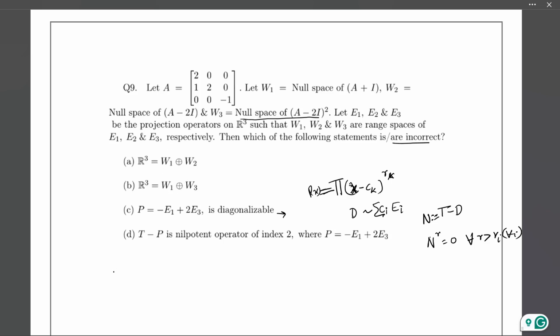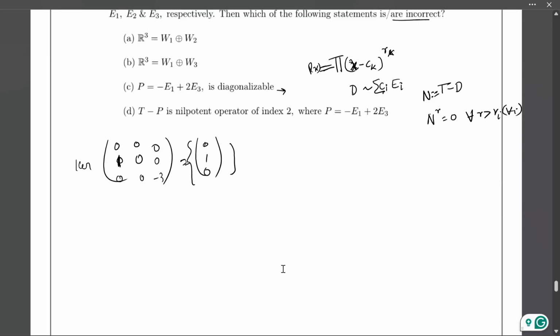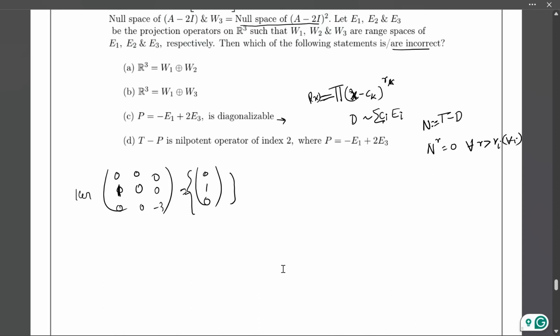What is A minus 2I? It is the matrix with rows 1, 0, 0, and so on, and minus 3. What is the kernel of this matrix? It is the span of (0, 1, 0), the only thing which is going to 0.